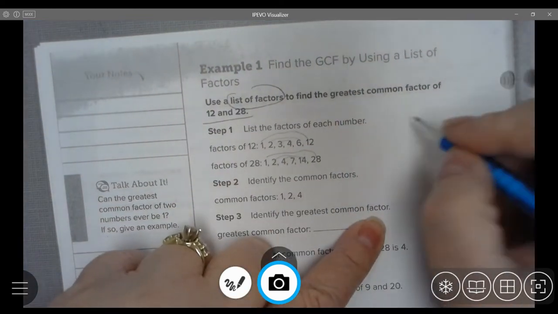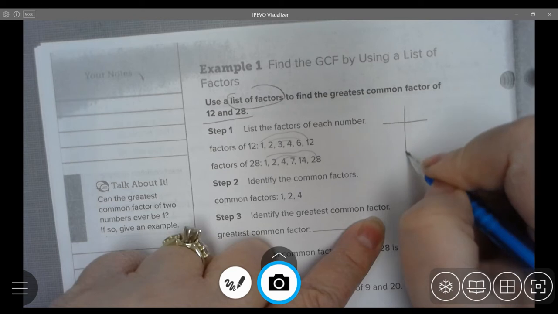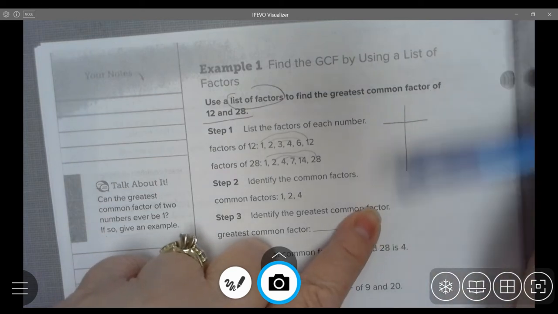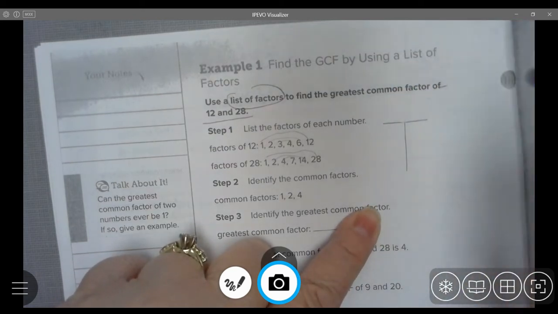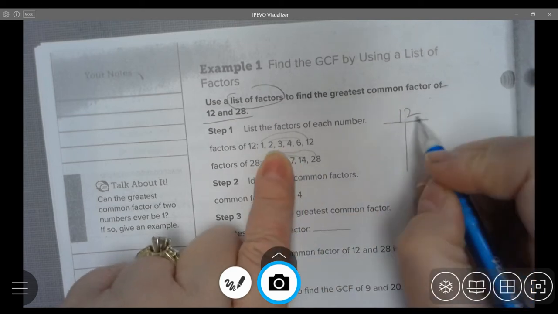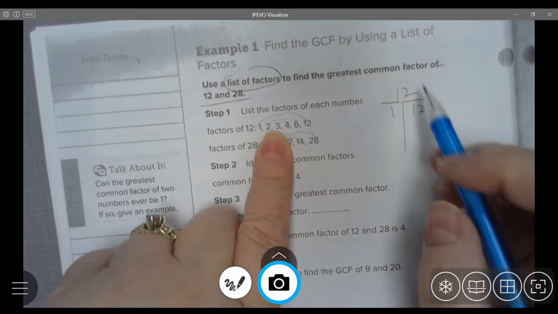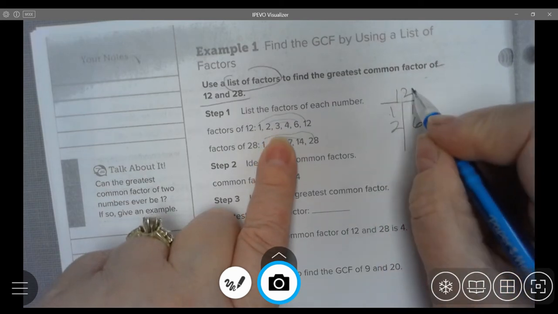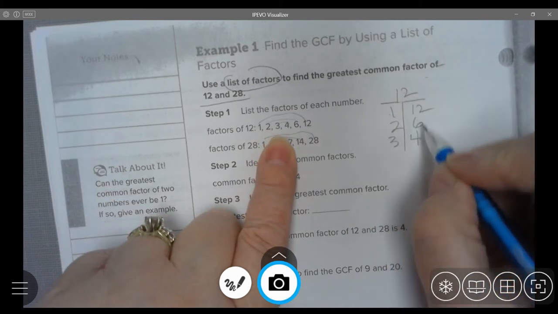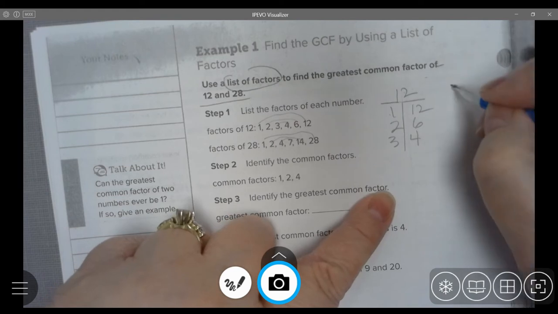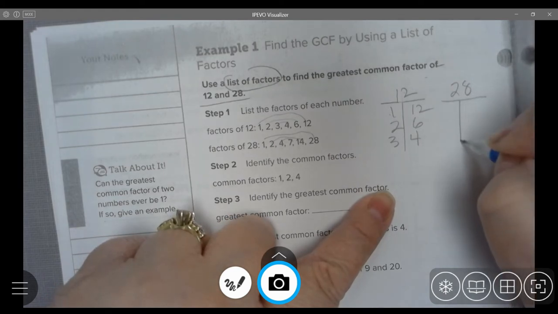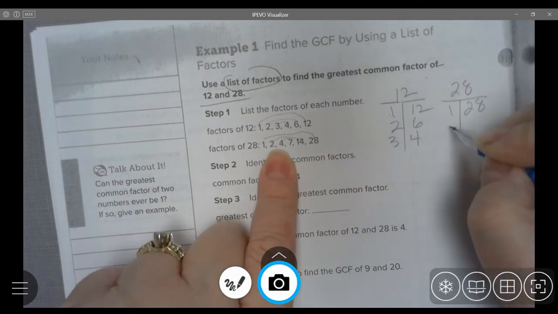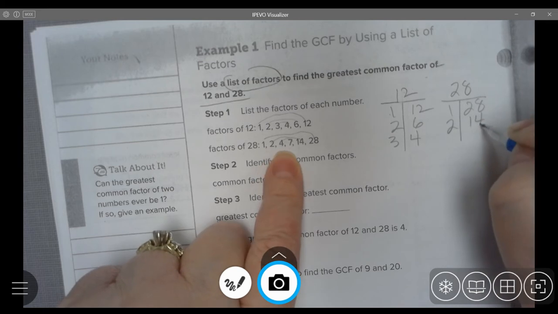I also do it this way too. I make a T-chart, and I put 12 at the top, and I say 1 and 12. 1 times 12 is 12. 2 times 6 is 12. 3 times 4 is 12. And 28, I would do the same thing. 1 and 28, 2 and 14, 4 and 7.